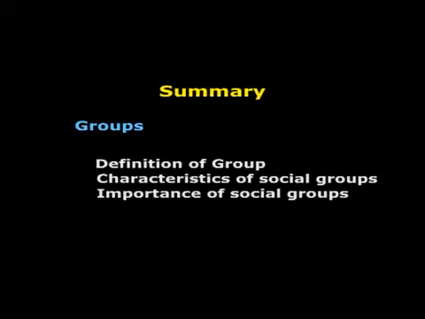And next to that, I explained to you what we mean by groups with some definitions. I also explained the characteristic features of groups, and in the last part I was explaining the importance of social groups.